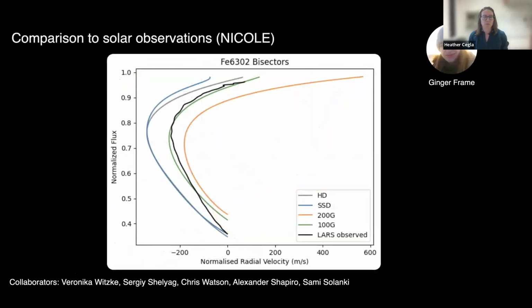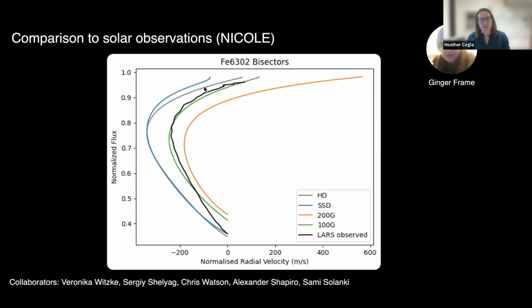We also then were interested in comparing MPS Atlas and Nicole to each other, as well as to some solar observations. And we saw in the past the comparison against the FTS for those two other lines I showed you that had the lower Landé factor. Well, here's the really magnetically sensitive one. And you can see the different colors are the different magnetic scenarios.